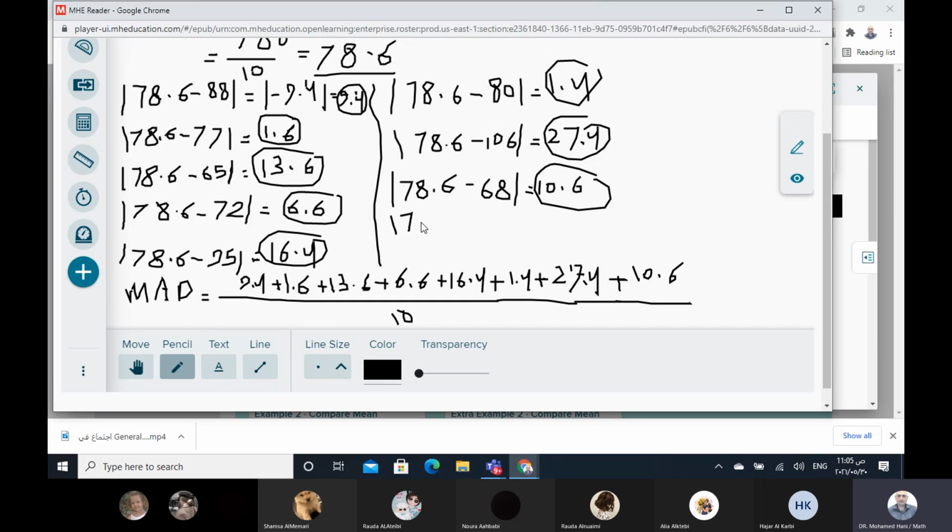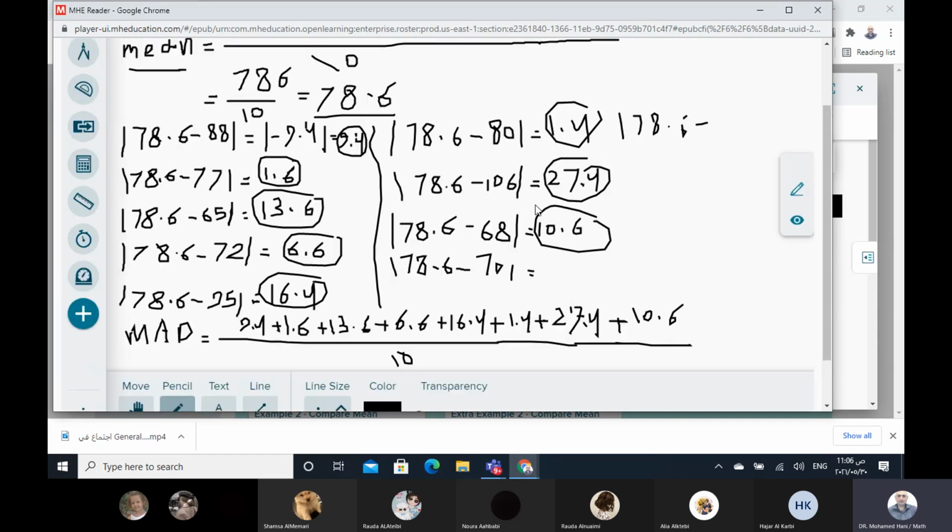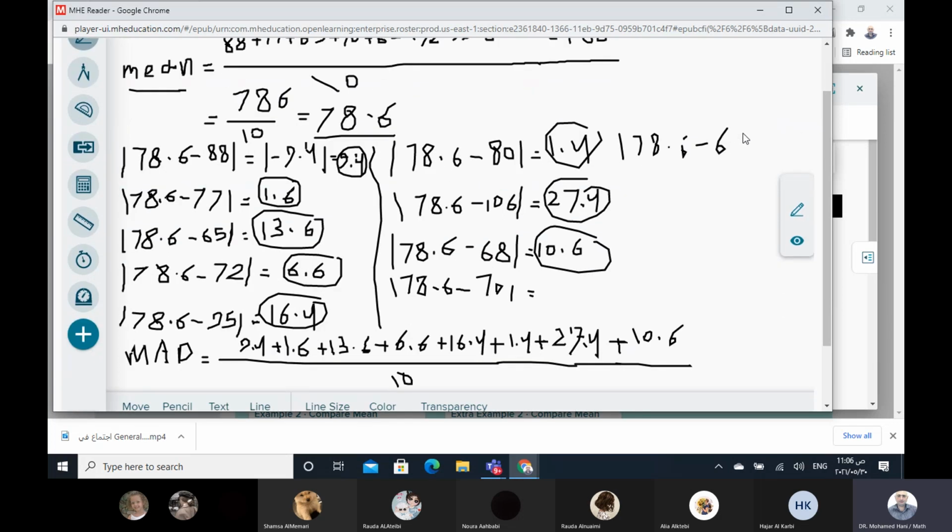So 78.6 minus 70 will be 8.6. So add here 8.6.